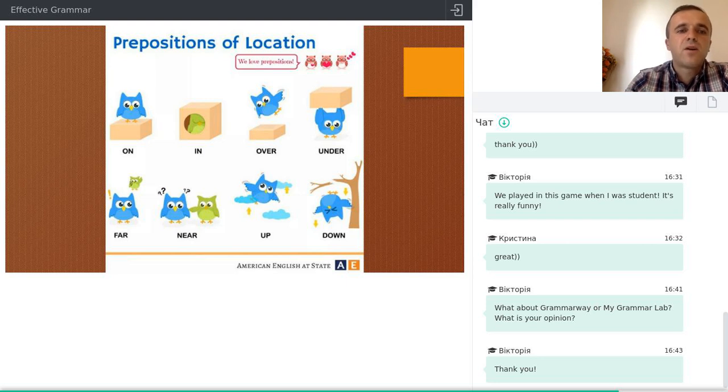You see the owl in this picture. The owl is on the box, in the box, over the box, under the box, and you don't even need to switch to the mother tongue, you can use just English, because as I was taught, you should use English as much as possible in your class.